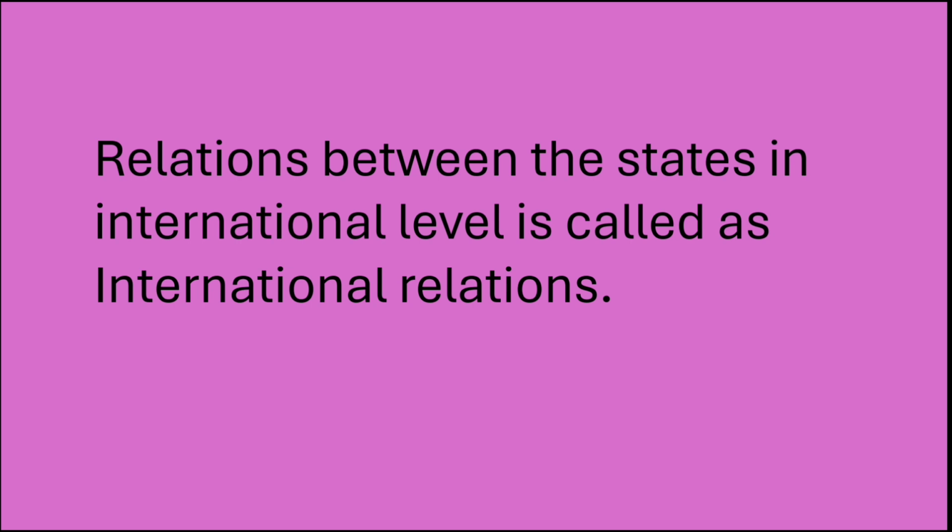Relations between the states at the international level are called international relations. In this world, no individual can live in isolation. Likewise, no state can live without friendly relations with other states. The relations of one state with another state or states are called international relations.